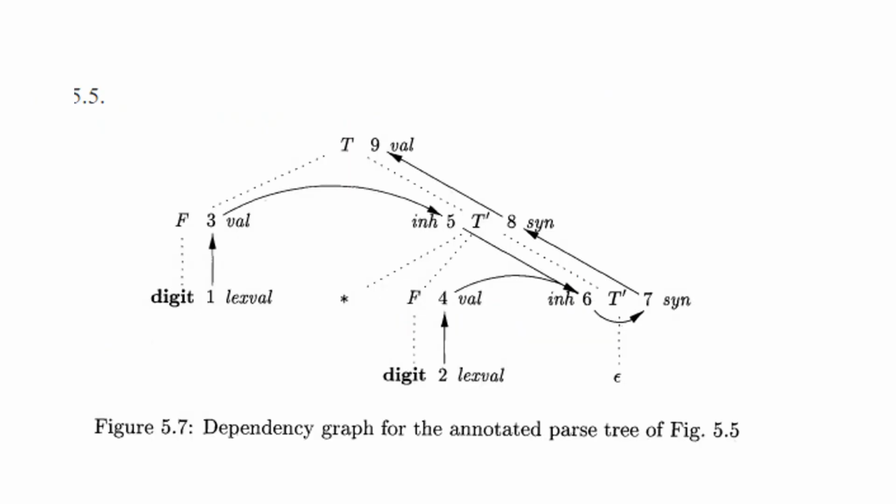And this is a dependency graph for an annotated parse tree. It shows the order of evaluation, meaning how the flow of information occurs. Here the digit values are the first step. First we assign all the lower levels, the digits, since it may be a bottom-up or top-down approach. If it is synthesized, it is purely bottom-up.